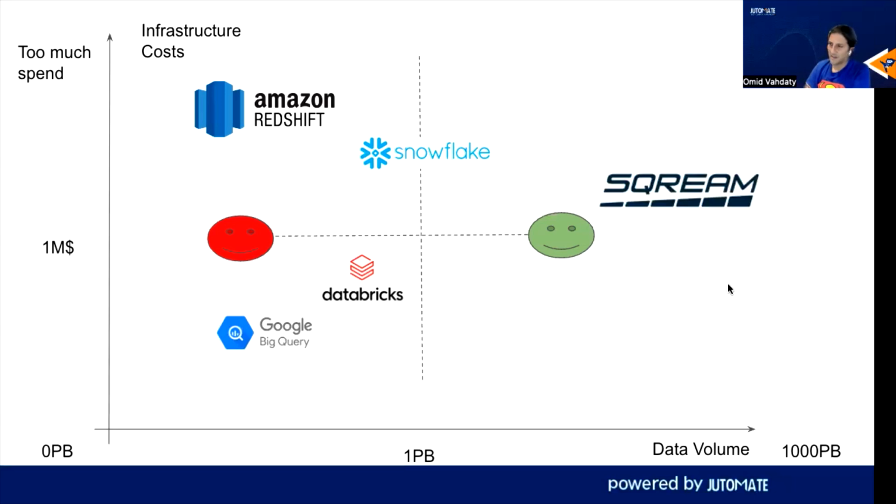So they tested one technology, to my recollection, or at least the technology they selected is Snowflake, and they spent $4 million on 2 petabytes. So essentially $2 million per petabyte.